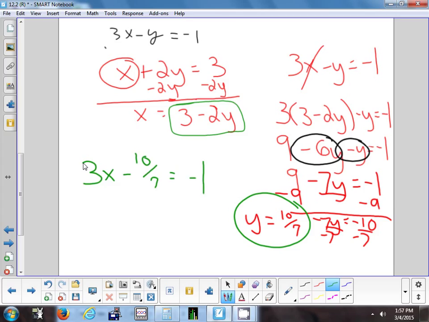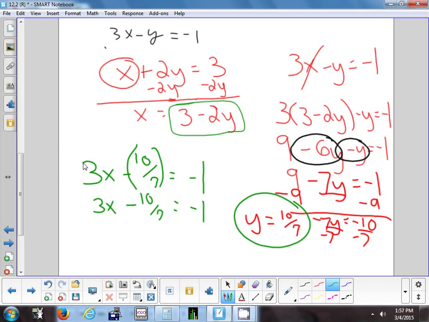All right, now, what can I put around that 10 over 7? Parentheses, right? So I get 3x minus 10 over 7 in parentheses, equals -1.